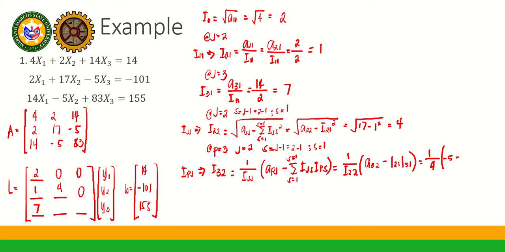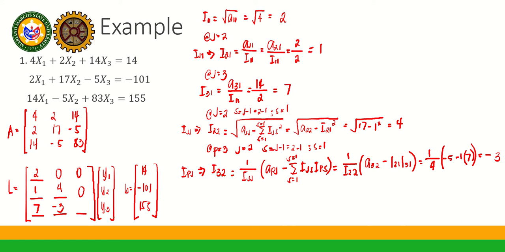So, negative 5 minus what is our I21? That is equal to 1, solved earlier, multiplied by our I31, which is 7. So, this is equal to 1/4 times negative 5 minus 7. That is equal to negative 12 times 1/4. So, that is equal to negative 3. Okay, so let's write negative 3 here.